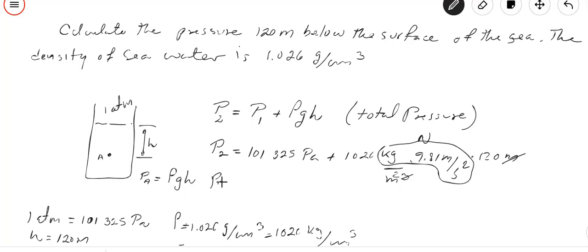So I'm going to say that the pressure of that point, that is 120 meters under the water, will be the 101,325 pascal, that is the atmospheric pressure, plus, and in this case, the value will be 1,309,132 pascal.